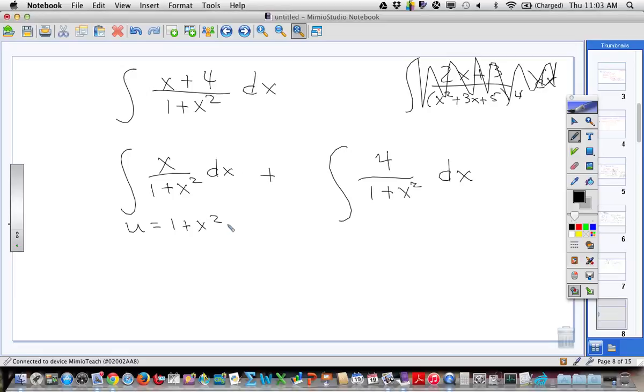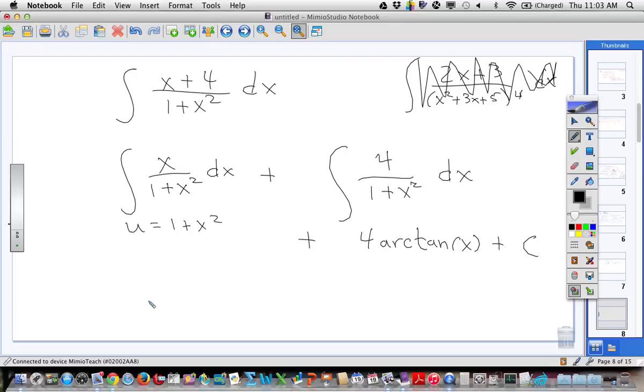That's arctangent. This 4 can just come out in front, and there's a 1. So this one you don't need any u substitution. This is just going to be 4 arctangent. And then this one's going to be whatever you get when you do your u substitution here. It's going to be a natural log, I think.